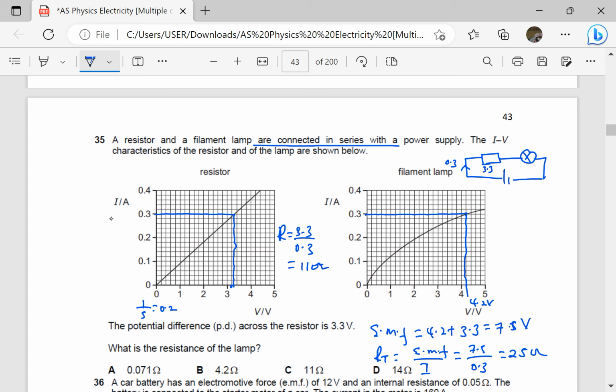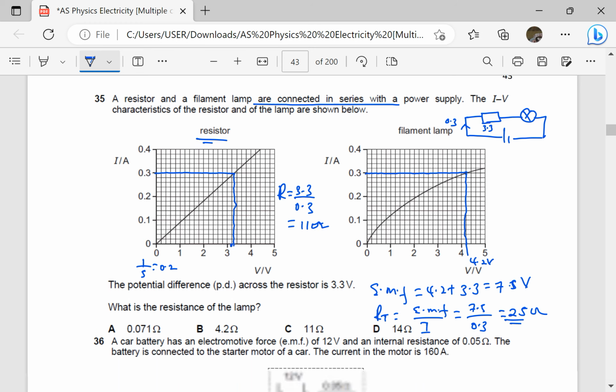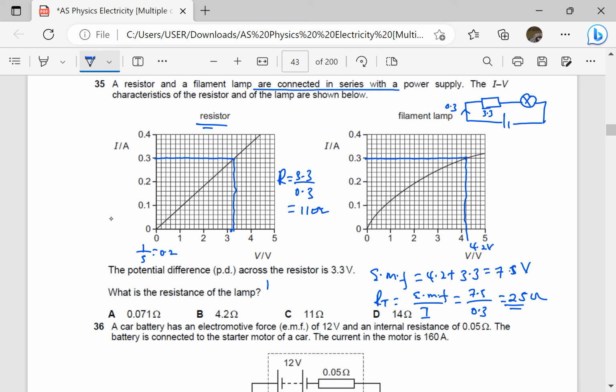All we want is the resistance of the lamp, but total resistance is 25 ohms. So what does that mean? The resistance of the lamp is going to be equal to 25 minus 11 because they're in series. So 25 minus 11 gives us 14, making our answer D.